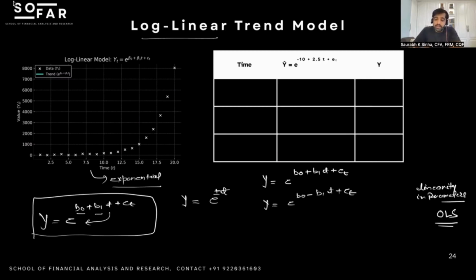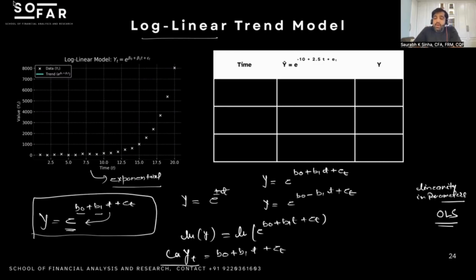By taking ln on both sides. You know that ln e to the power something will become what? Now it will become linear. And when it becomes linear, now you can apply OLS to find beta 1 and beta naught.